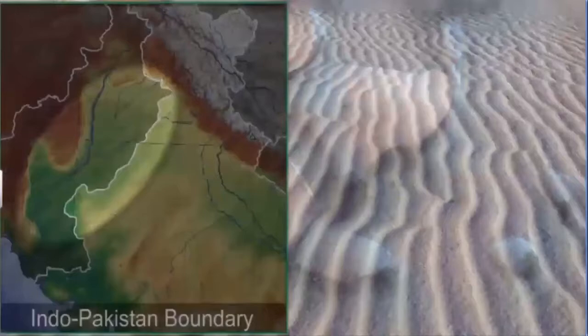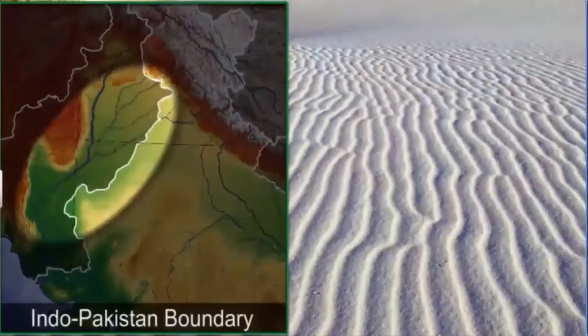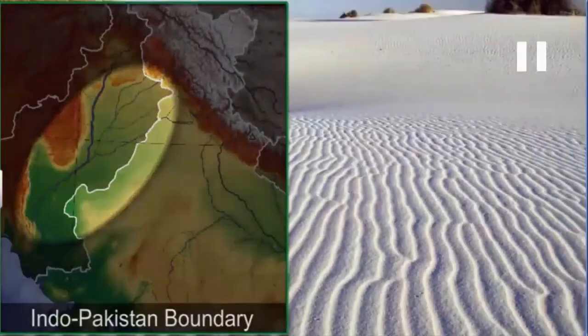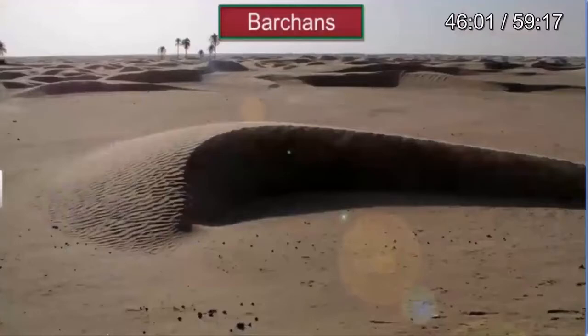However, as you go near the Indo-Pakistan boundary, you will see a predominance of longitudinal dunes. These are called longitudinal dunes. You can see because they are straight in the shape of longitude, and these were in the crescent shape. Okay, these are crescent shaped dunes called barchan.